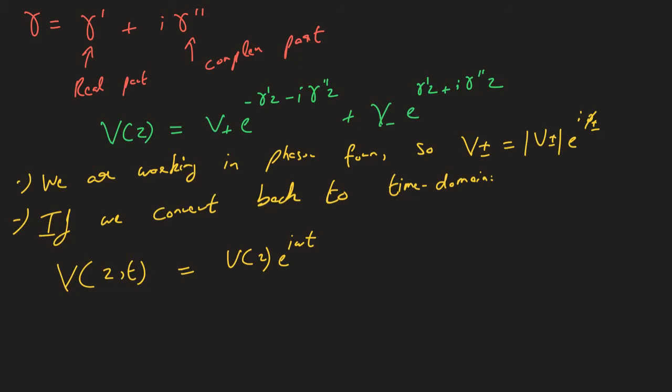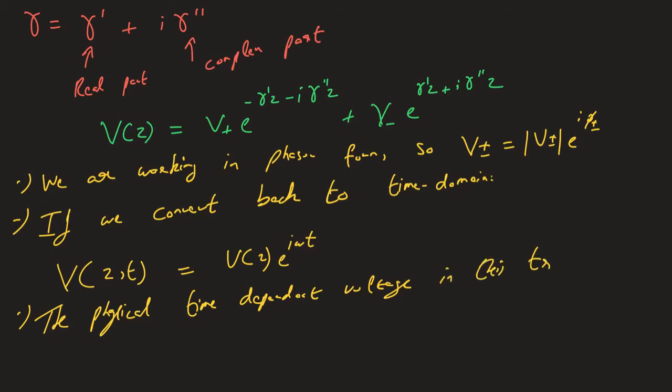And the physical time dependent voltage in this transmission line, let's just say V physical as a function of z, t, would be equal to the real part of the complex voltage, right?